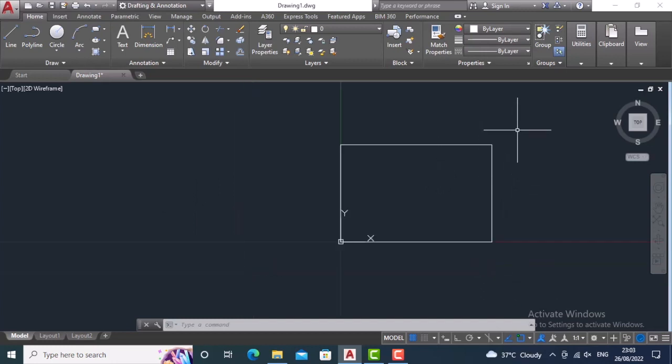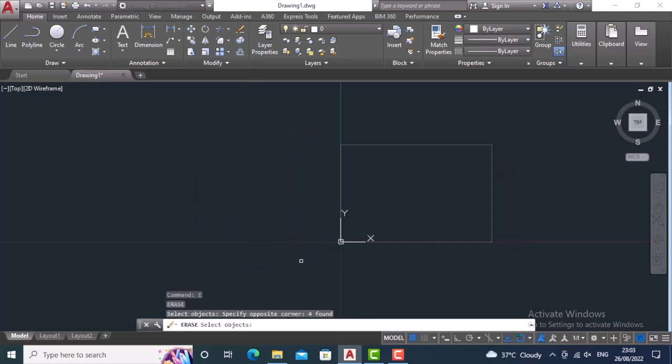Now after all this, we have the last option, which is very easy. Using ortho mode, we can activate ortho mode from F8 or from the status toolbar. So first we will press line, then again 0,0, so we can start from the origin. When you use ortho mode, it doesn't require any x and y values.